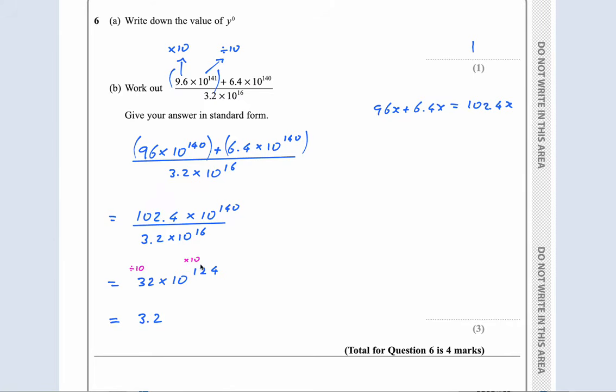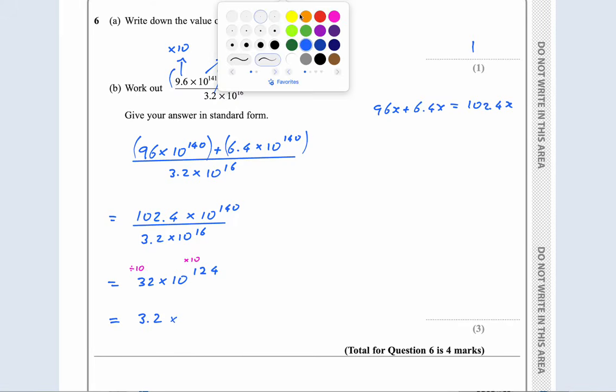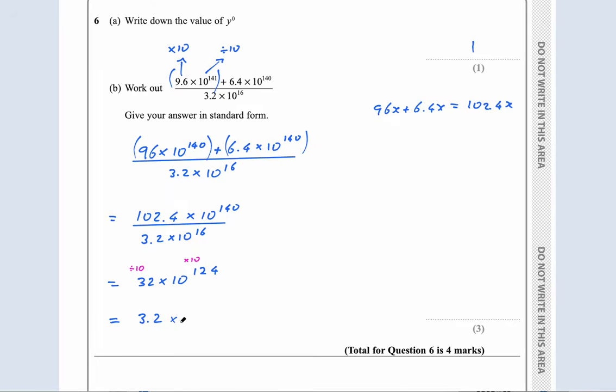So divide this by 10, multiply this by 10, doesn't change anything except the way it's written. So this is 3.2 times 10 to the power of 125, because I'm timesing it by 10.